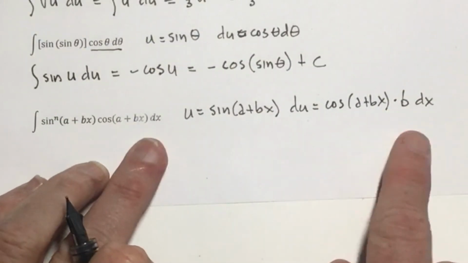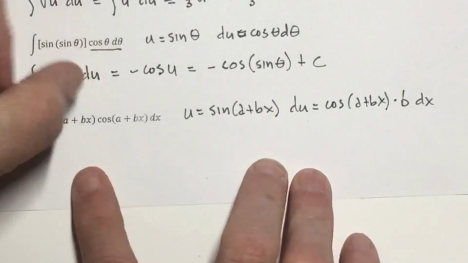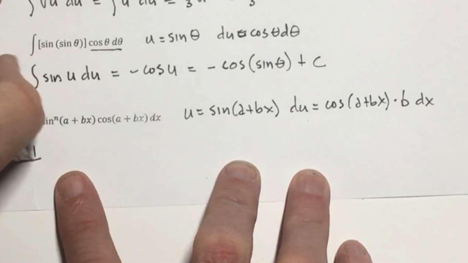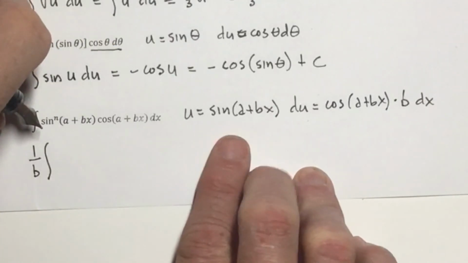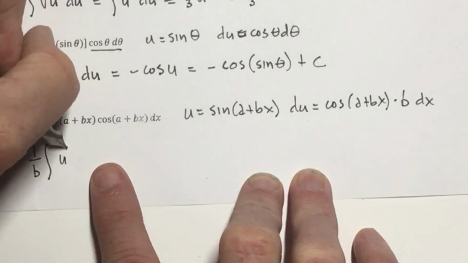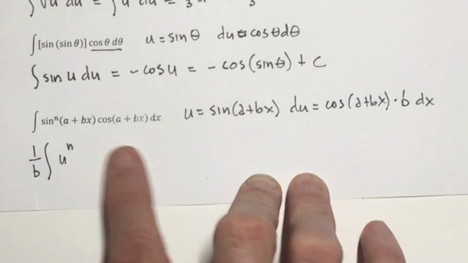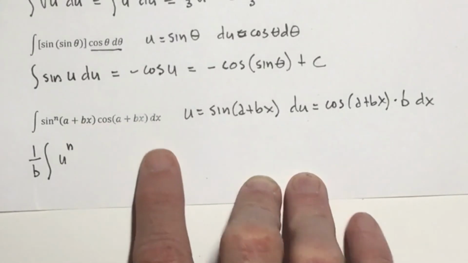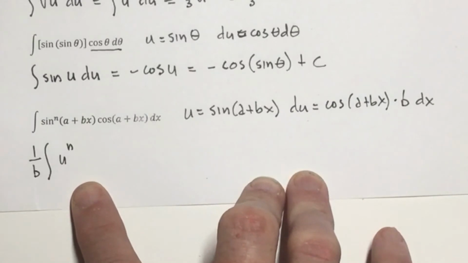And I have my dx, good. What I don't have is a b, but b is just a constant. So I can fix that by putting a 1 over b out front. So if u is sine a plus bx, this becomes u to the n. There you go. Look at that. We took that ugly looking thing and turned it into something really quite simple and straightforward.